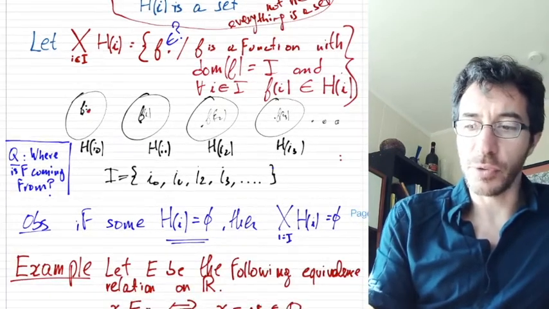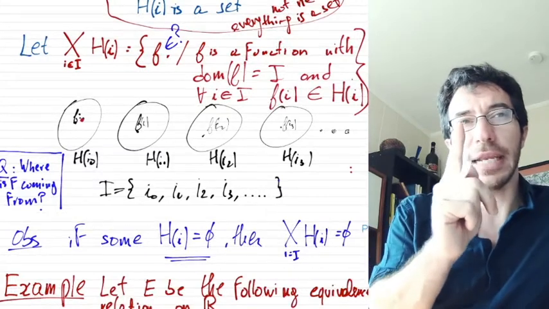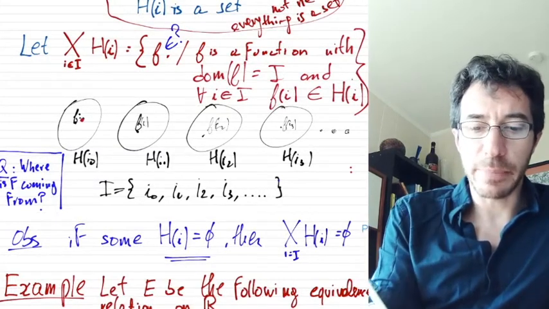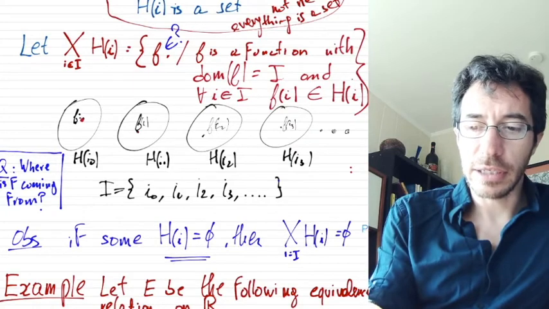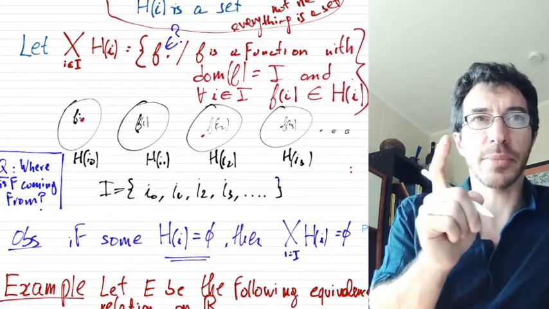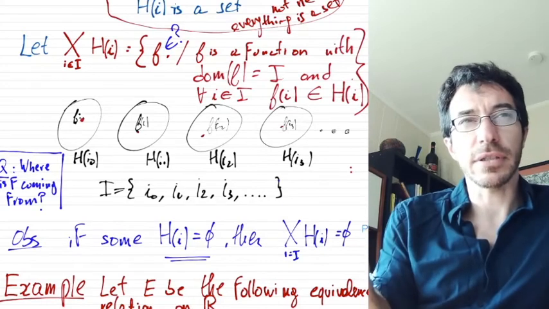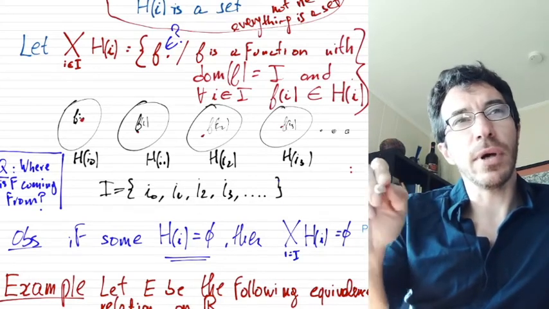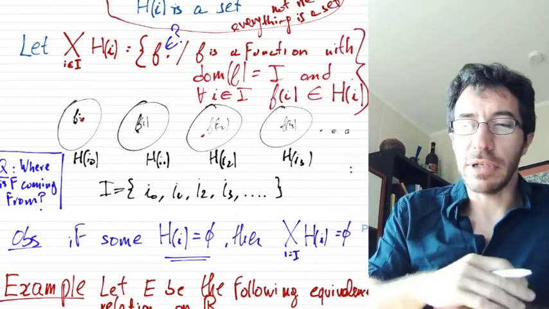To define a single element in the Cartesian product, we gotta pick an element in each one, right? A single element of the Cartesian product consists of one element of each. How do we pick one element of each if we have infinitely many?